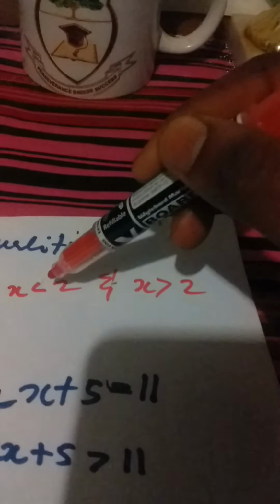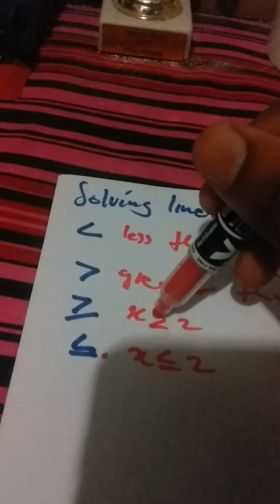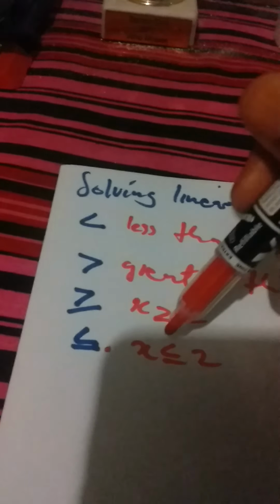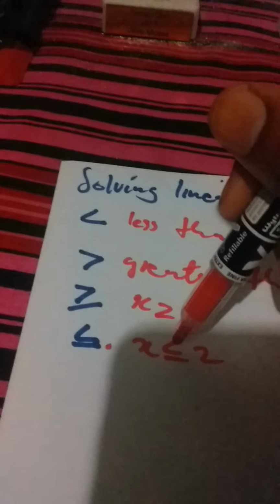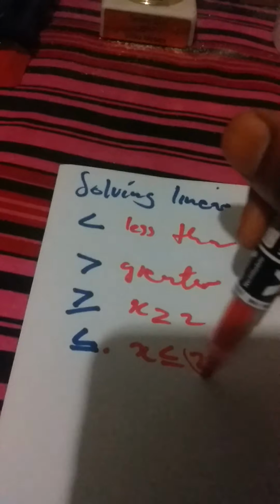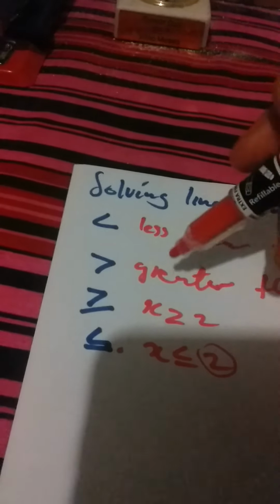So it is either strictly less than or strictly greater than. For these two, let's say we have x greater than or equal to 2 and x less than or equal to 2. The first means x can either be greater than 2 or equal to 2. And here x can either be less than 2 or equal to 2. So it means here the number is included. x can be equal to that number, or can be less than, or can be greater than.